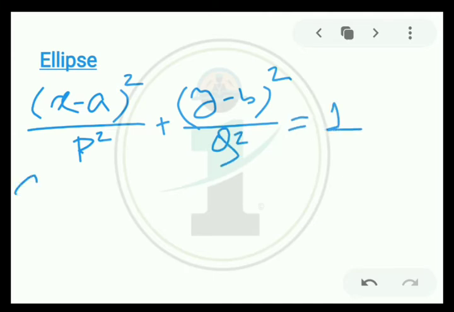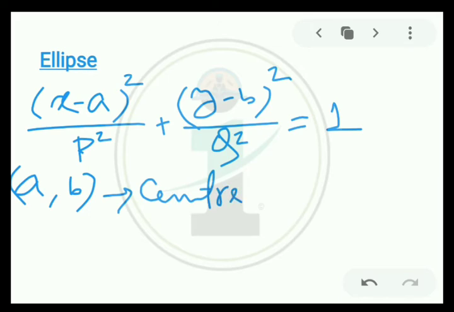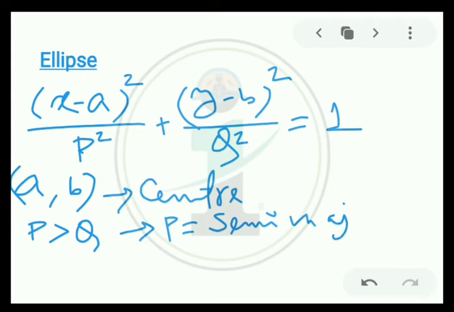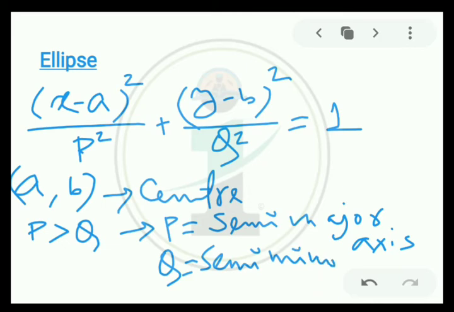So here a comma b is, as before, the coordinate of the center of the ellipse, and if p is greater than q, then p equals the semi major axis and q equals the semi minor axis.